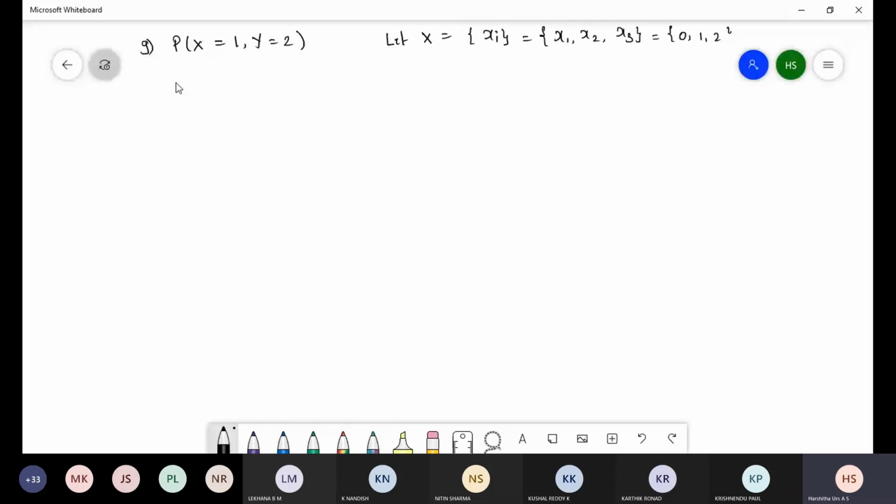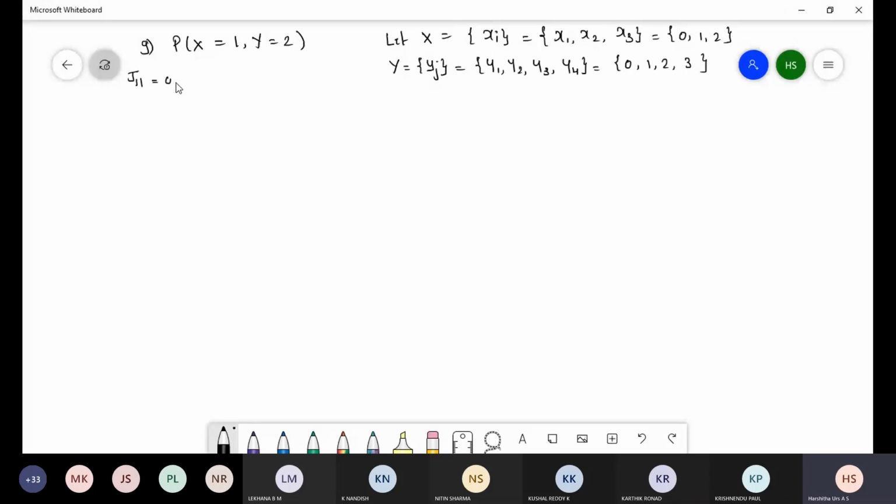The same way y is equal to yj. Here also y1, y2, y3, y4, with the values 0, 1, 2, 3.